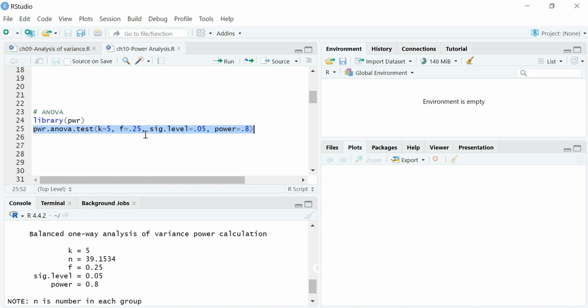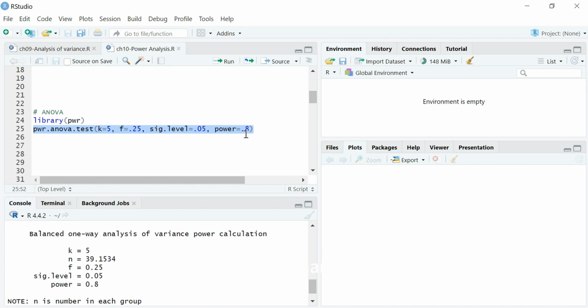Under these conditions, with at least 39 observations, if we set a significance level of 0.05, then we have a 0.8 chance of finding that this effect size is significant, right?